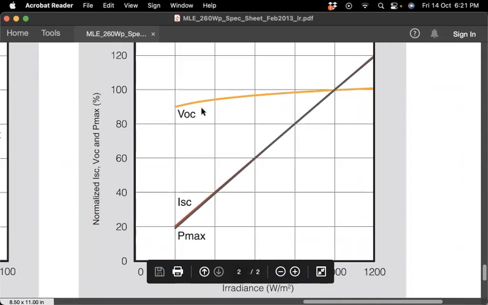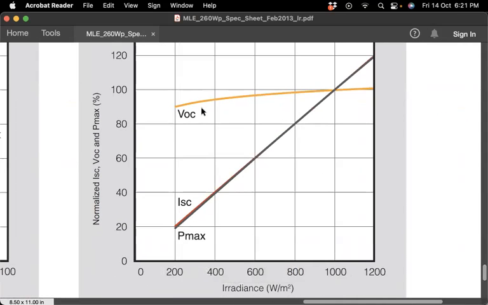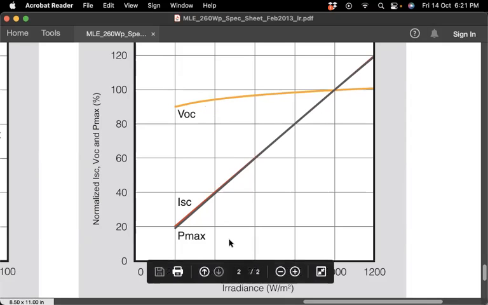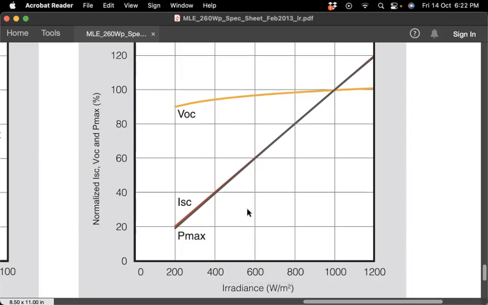And maybe I forgot to mention that theoretically, V open circuit is affected somewhat by the irradiance, but this is a logarithmic effect, which is a very weak effect. So most likely, when you are dealing with industrial measurements, you can assume a constant V open circuit with respect to irradiance.